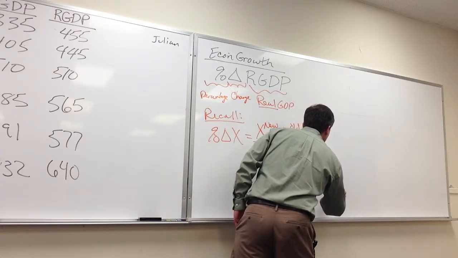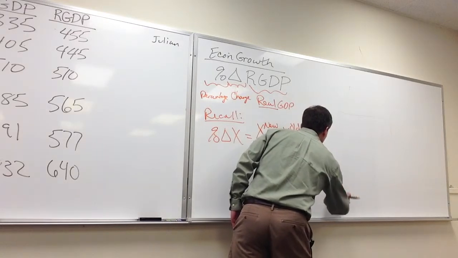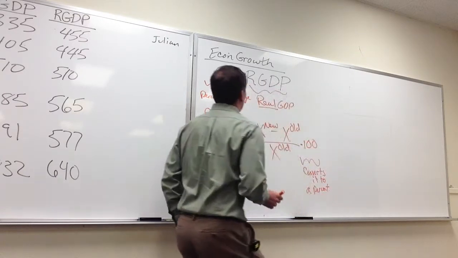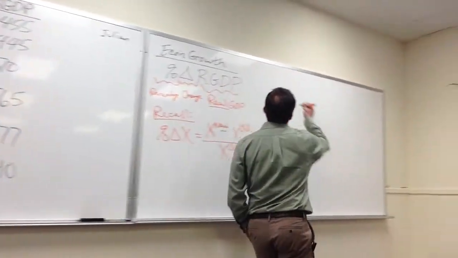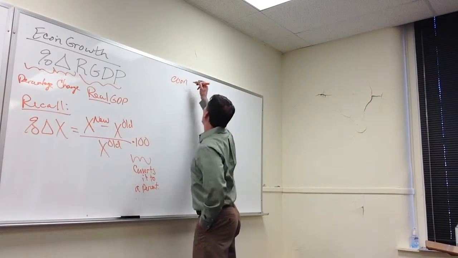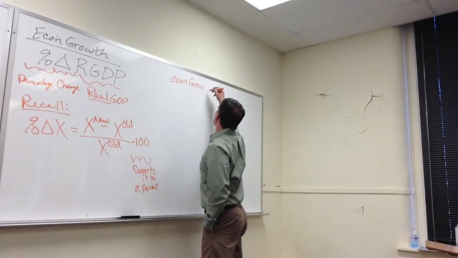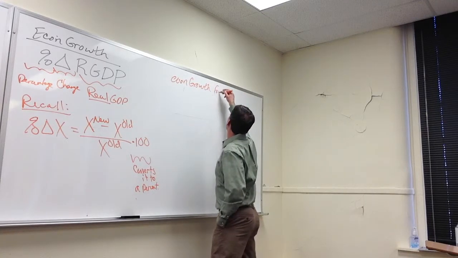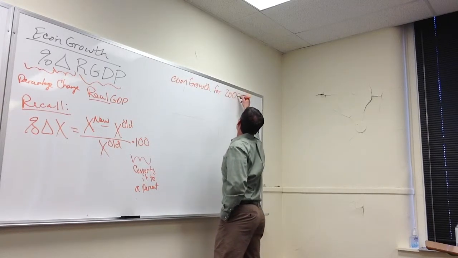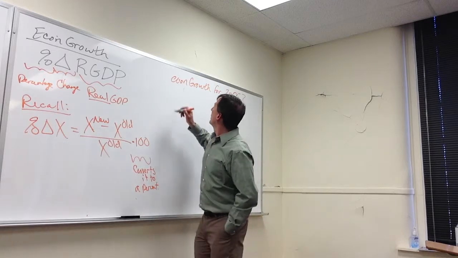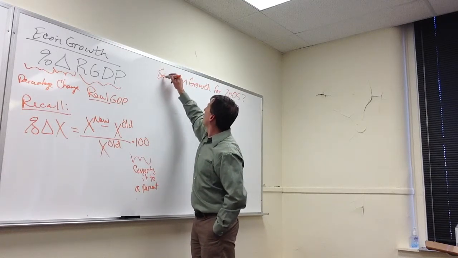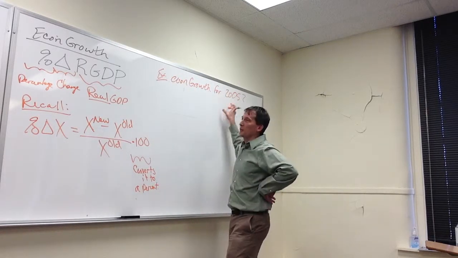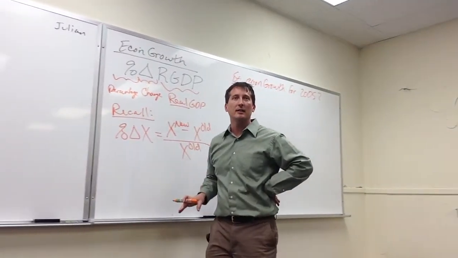Now we'll find that out as soon as we do one of these problems. So let's do one. What is economic growth for 2005? So example, what is economic growth for 2005?